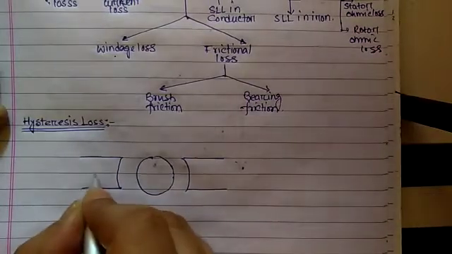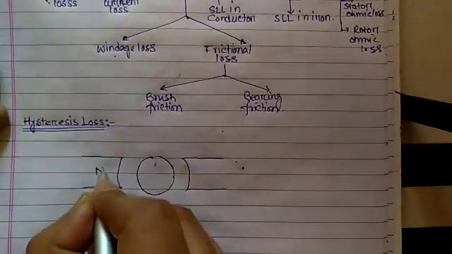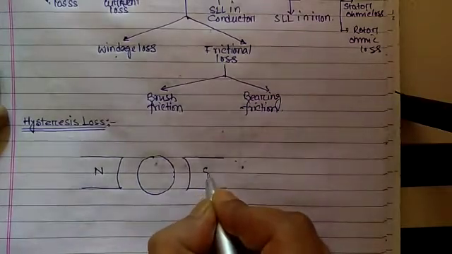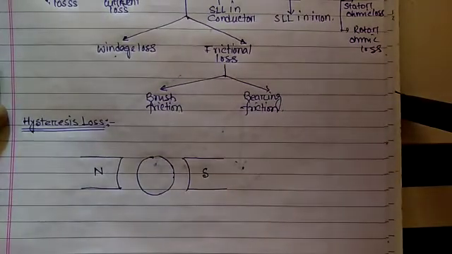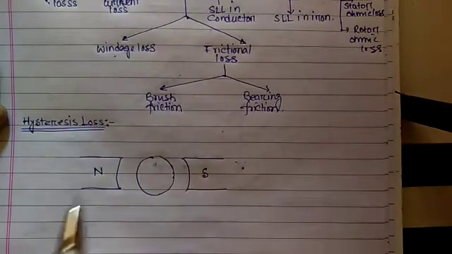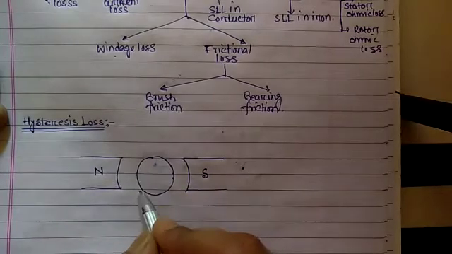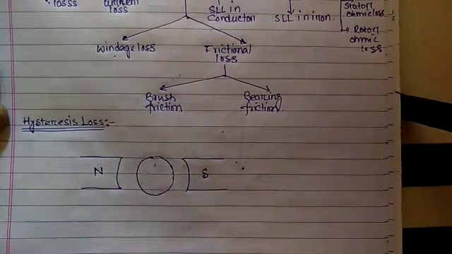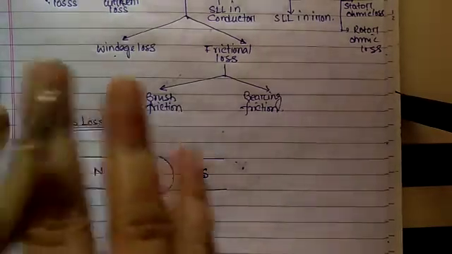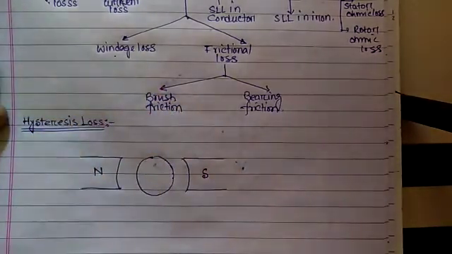This is the main north pole, this is the main south pole, okay, and this is the rotor core iron. This rotor core iron actually consists of millions of molecules.